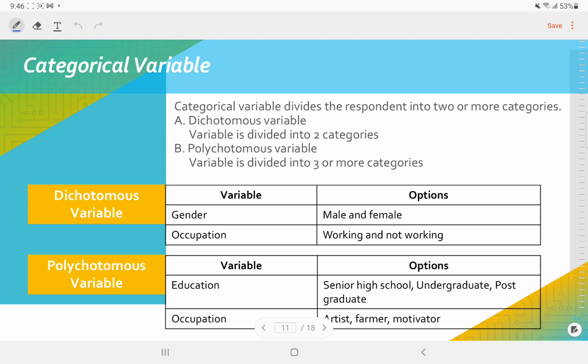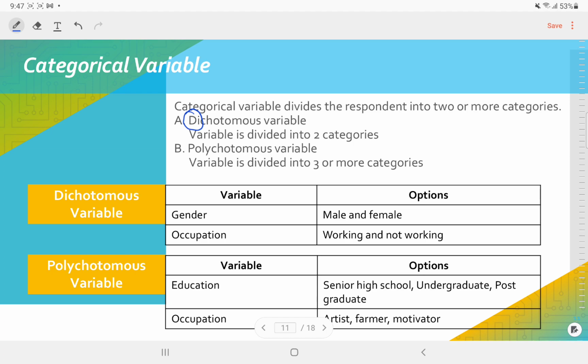Don't worry, the variables are really easy to understand and to differentiate. Why? If we are talking about dichotomous, please focus on this one, D. D means 2. So the variable is divided into 2 categories.